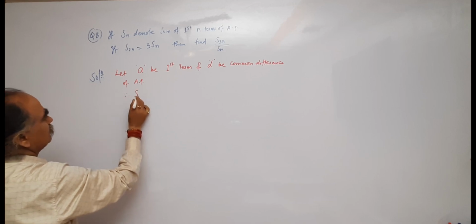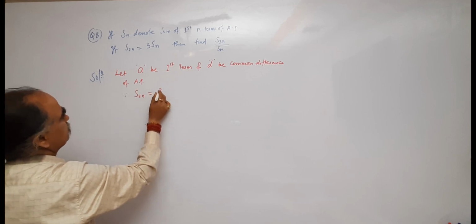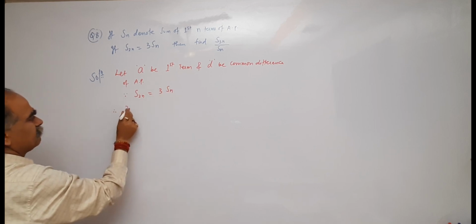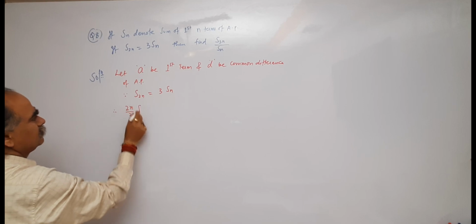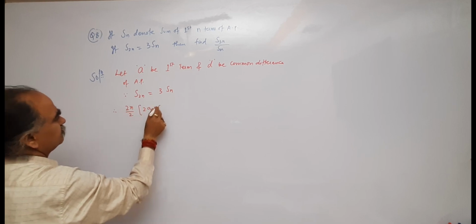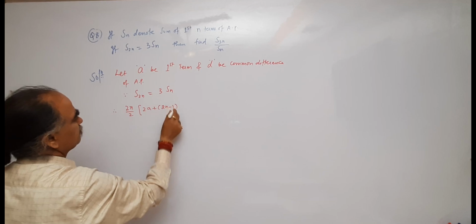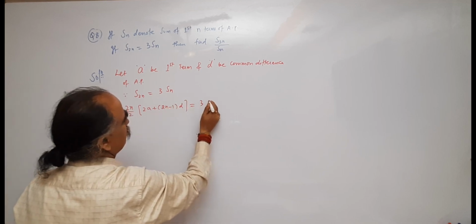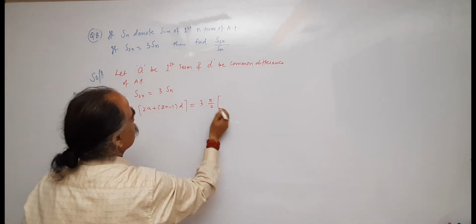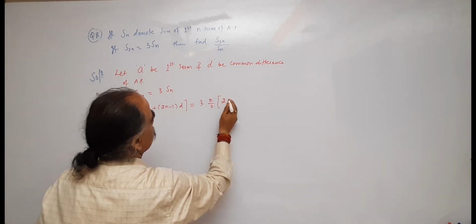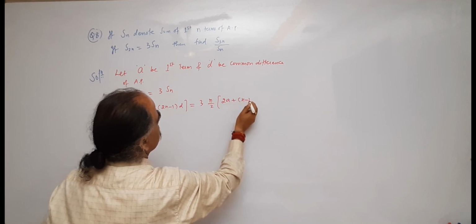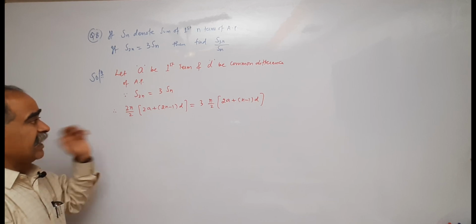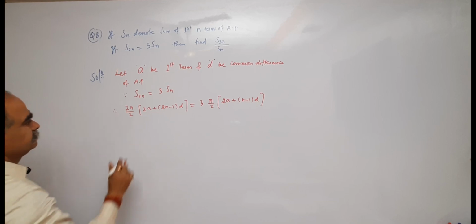Since S2n is 3 times Sn, by formula it is 2n by 2 into 2a plus 2n minus 1 into D, equal to 3 times Sn, which is n by 2 into 2a plus n minus 1 into D. Now n will get cancelled from both sides.